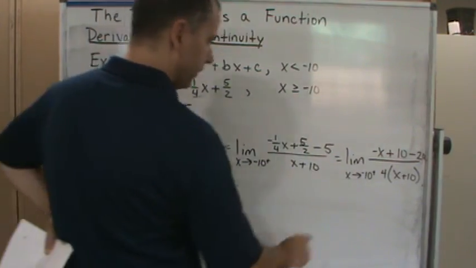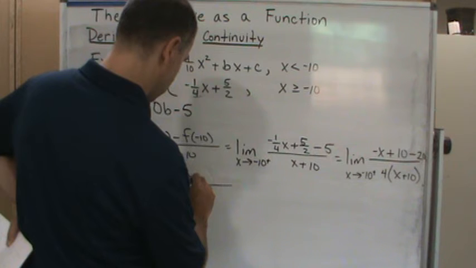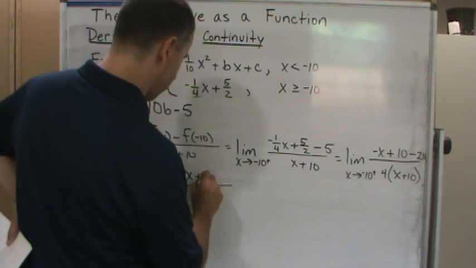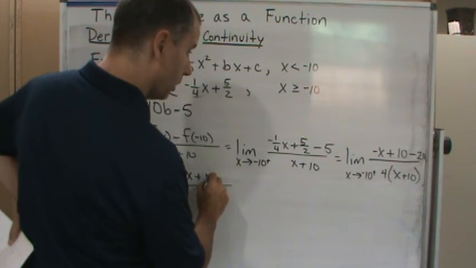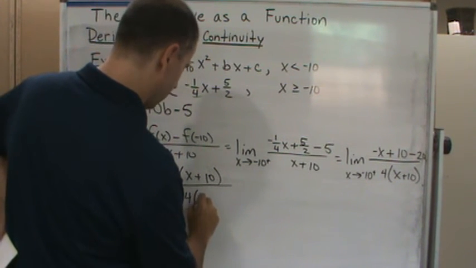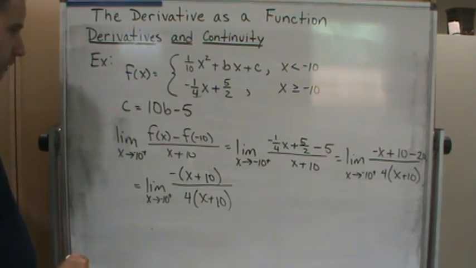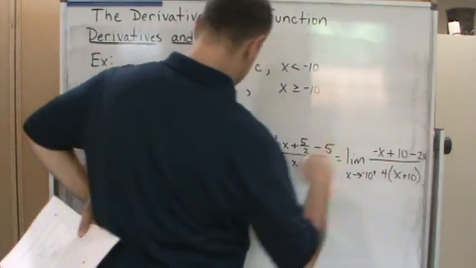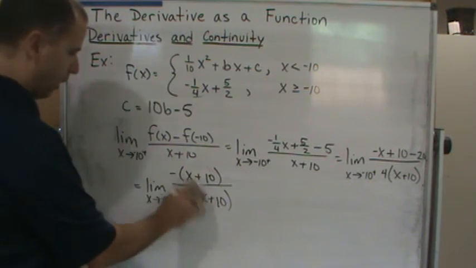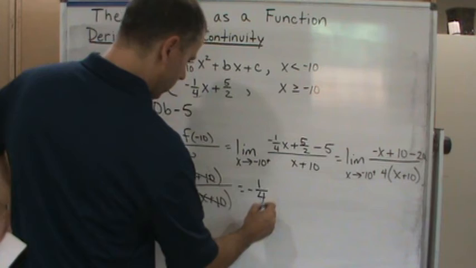This is going to be negative x minus 10, so it's negative times x plus 10, over 4 times x plus 10. Okay, so easier than I thought. For some reason I thought it was quadratic. Okay, so now this is going to cancel and we get negative 1/4.